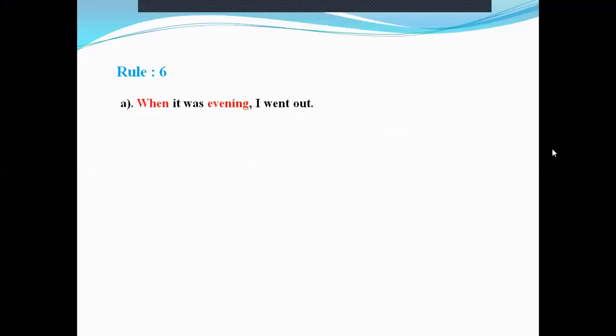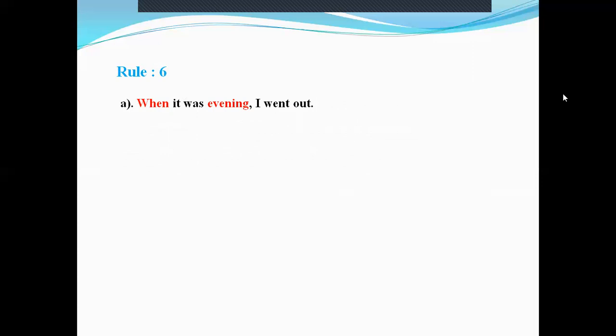Number 6, when it was evening, I went out. If there is when and it indicates a short time, use at instead of when and omit the subject and be verb.